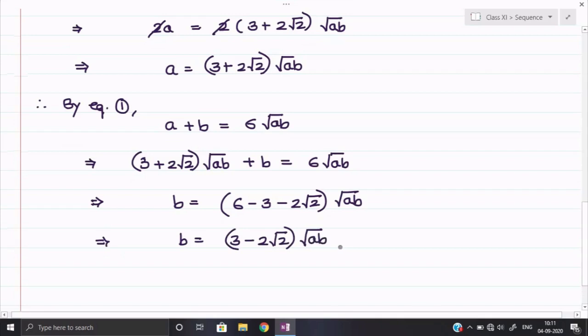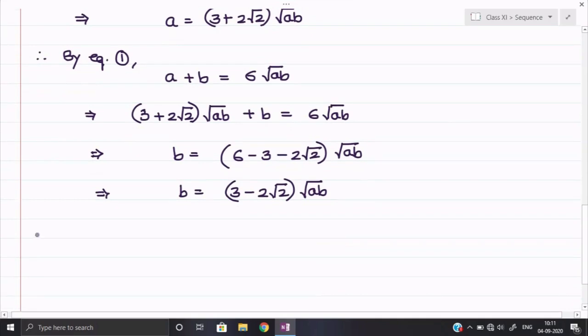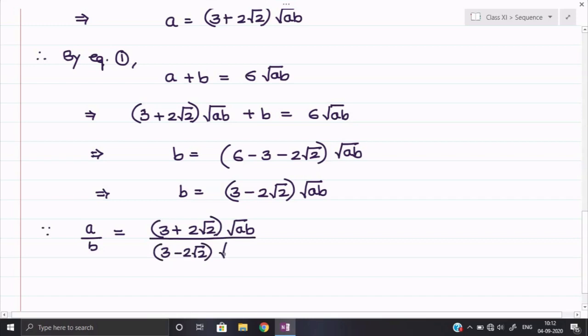Now what are they asking? They are asking the ratio between A and B. So now we shall find out the value of A upon B, which is equal to 3 plus 2 under root of 2 into root of AB. This is the value of A. Okay, whole divided by 3 minus 2 under root of 2 into under root of AB. This will be the value of B. Root of AB and root of AB got cancelled.